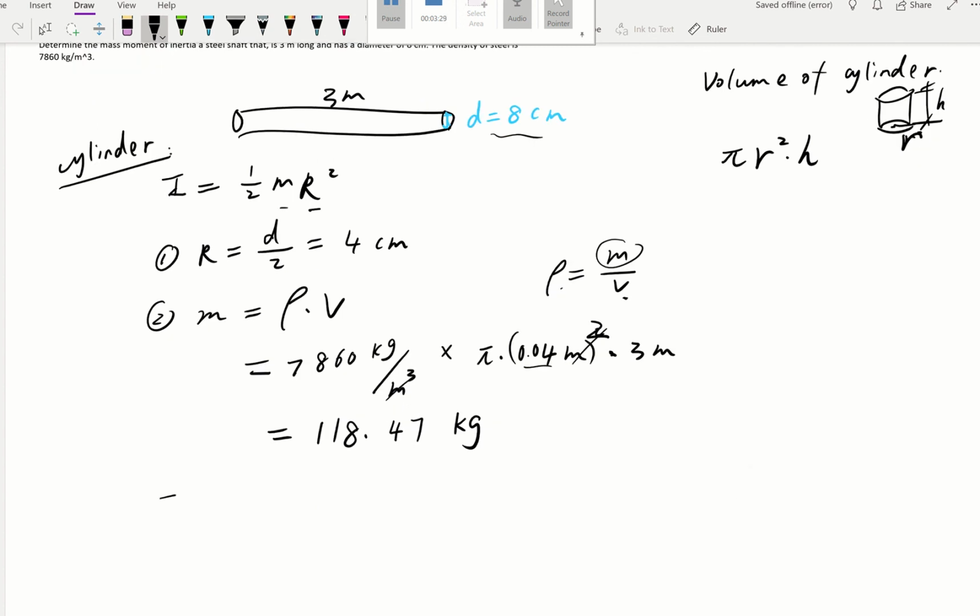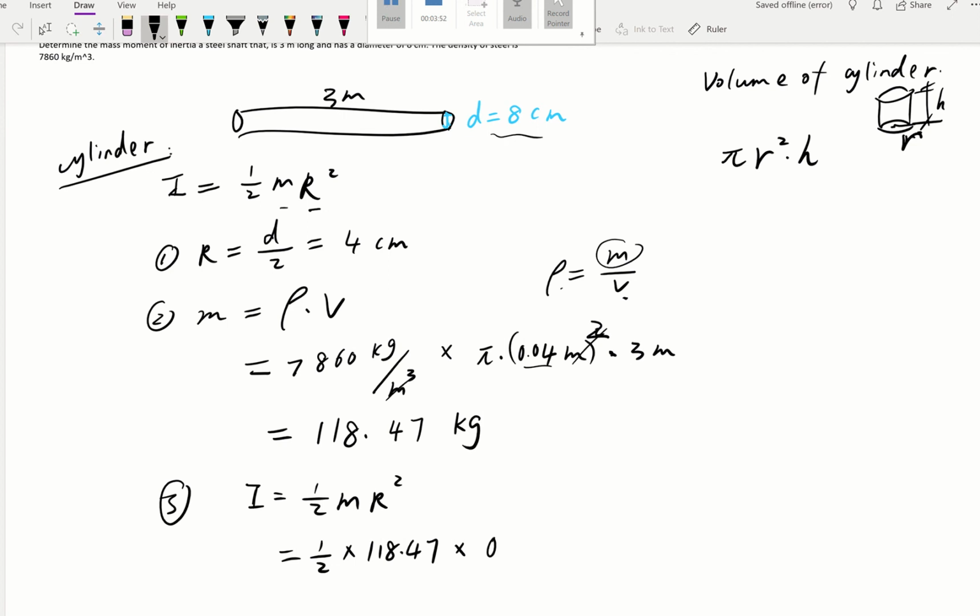Then we can go back to the mass moment of inertia for the cylinder equation. I equals half m r squared, and half the mass is 118.47, and r, we talked about it, is half of the diameter. That's 4 centimeters.